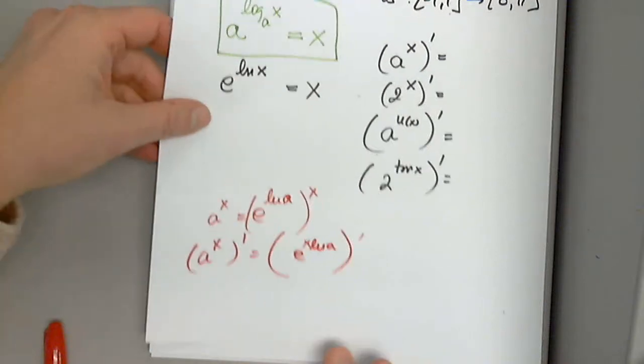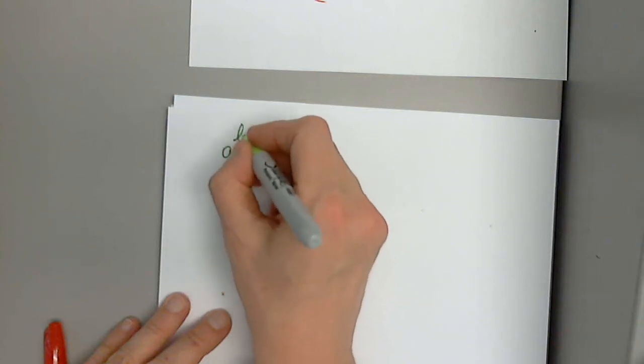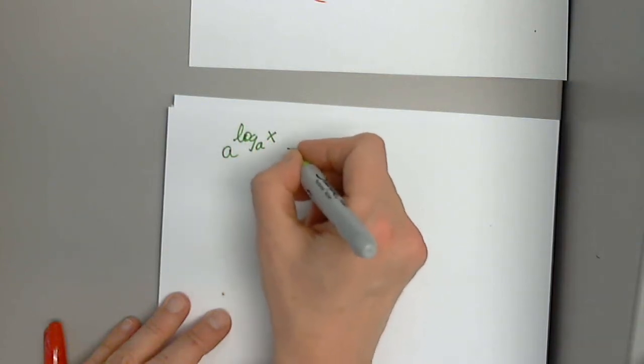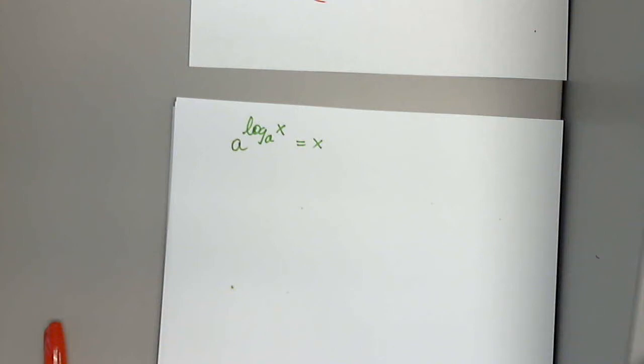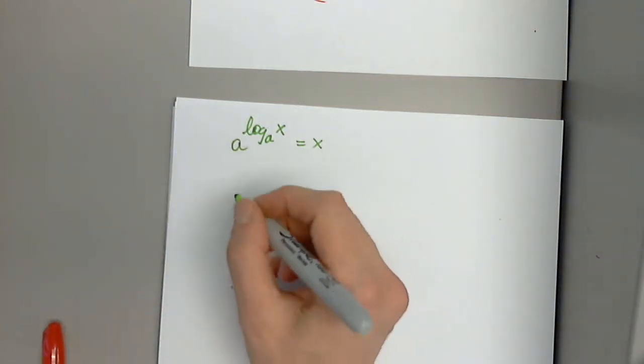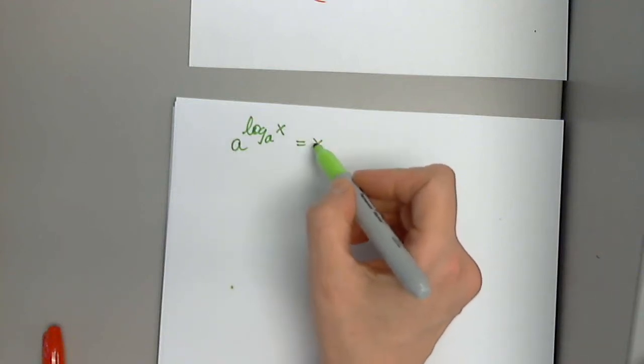Maybe it's not clear. So we know that a to log base a of x is x. Yes. We know that. Good. So now I want to replace this x.